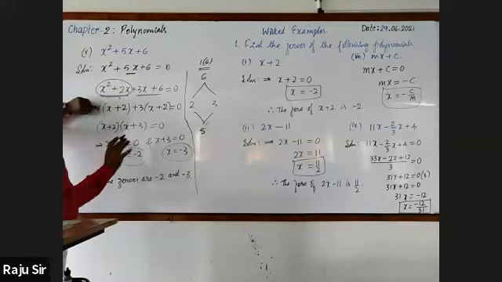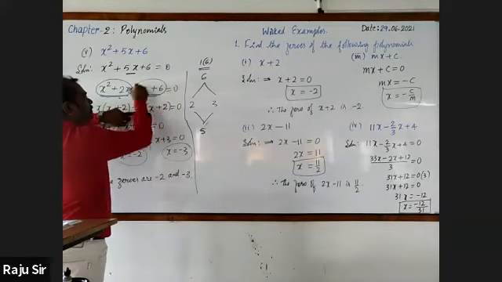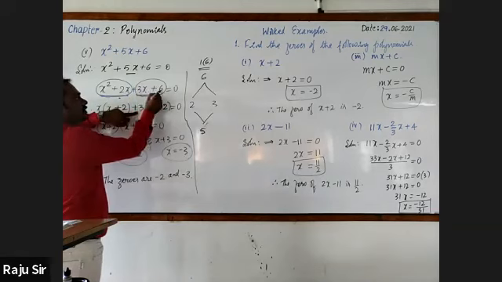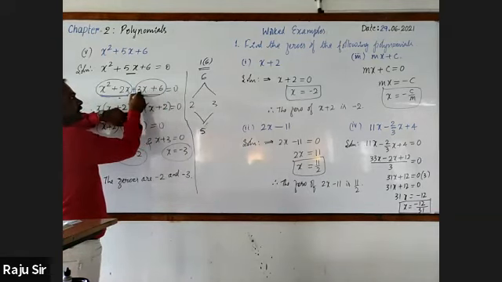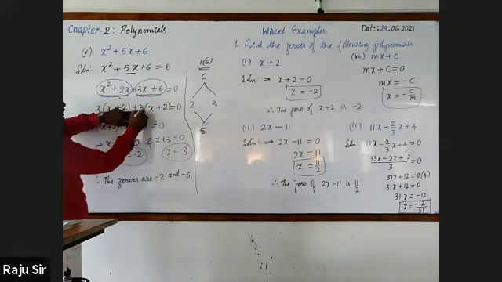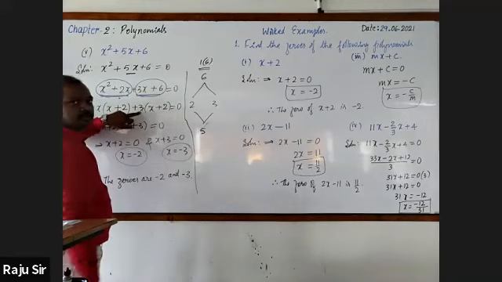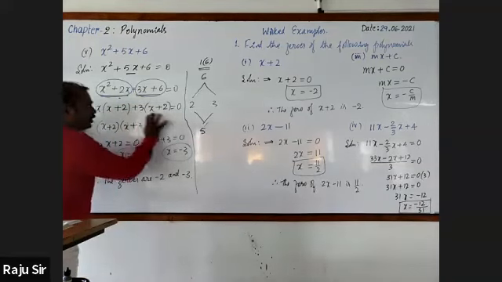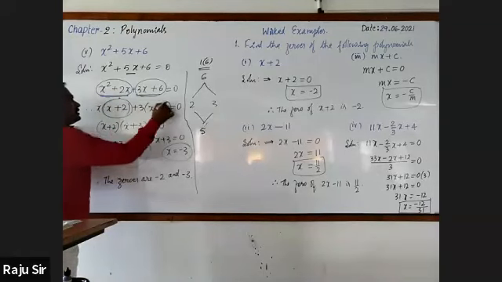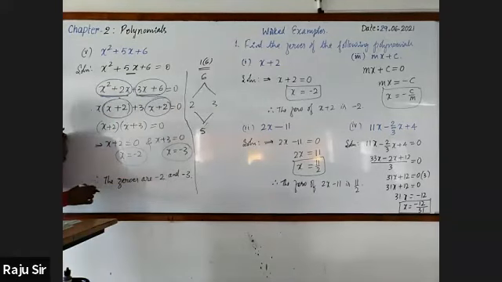In the second group, 3 and 6 are there. 6 is a multiple of 3, and 3 into 2 is 6, hence I take 3 as common factor: 3 into x is 3x, 3 into 2 is 6. Next, in the whole statement, this is common.